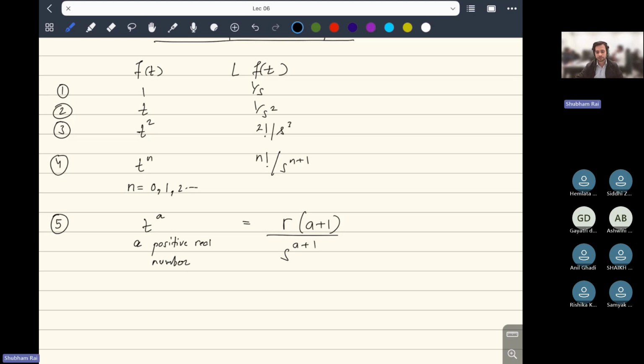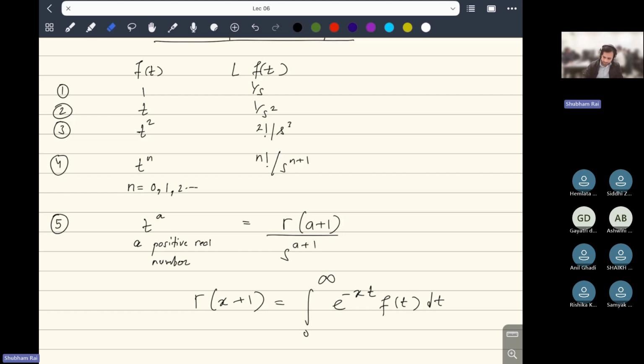Remember the definition of gamma function? Yes, I think gamma of x is, yeah, can someone tell me? Gamma function of x plus 1 is nothing but integral from 0 to infinity of e raised power minus xt f of t dt.